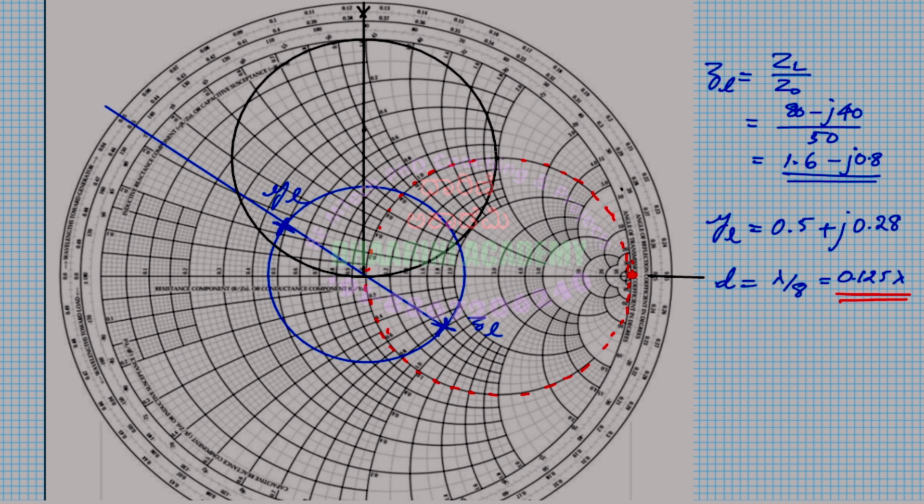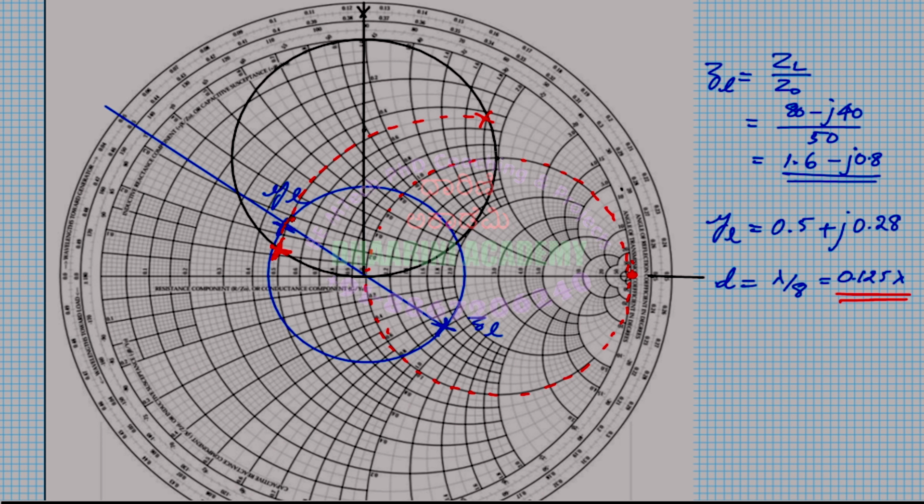You can see this YL passes through a line with an imaginary value associated with it. You have two options. You can go with this line and touch over here. This is one option. The other option is this side. You take any one.